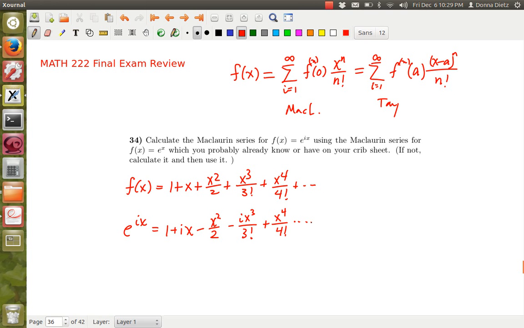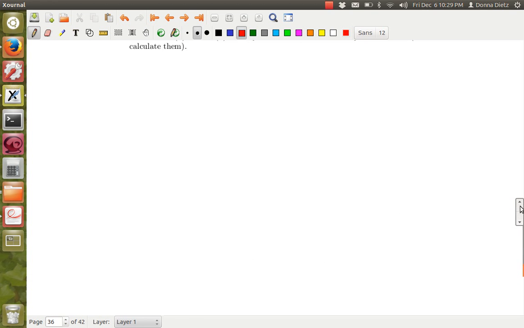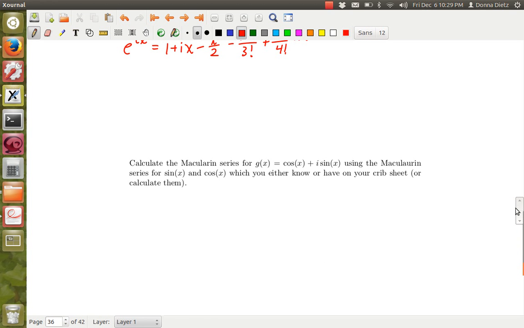All right? In the bottom of the question, it says, calculate cosine plus i sine using the Maclaurin series for sine and cosine. And so the i only goes on the outside. So sine, you should know these.